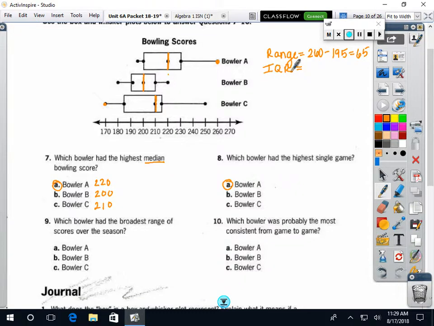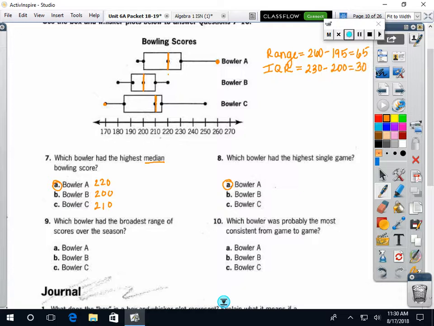Okay, now to find interquartile range, what would we do? Okay, Collis? Correct. Q3 minus Q1. What is bowler A's Q3? 230. What is bowler A's Q1? 200. So his interquartile range is 30.